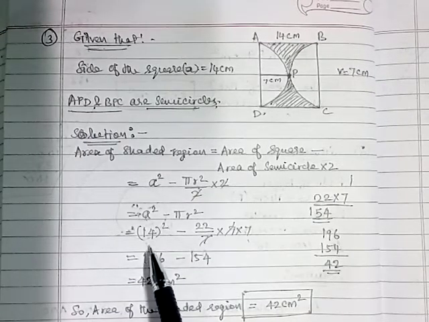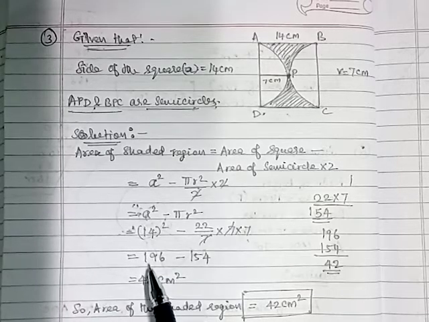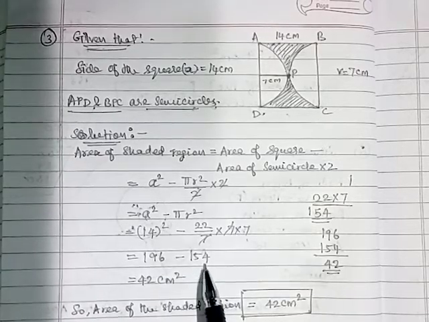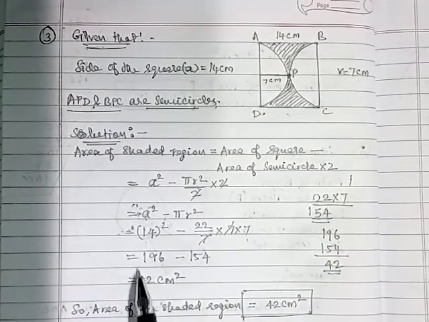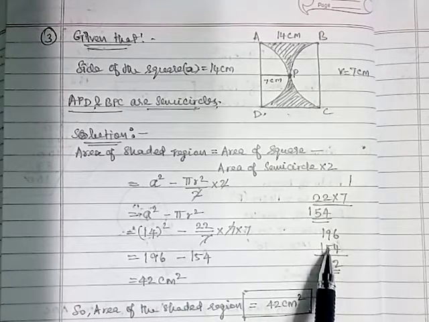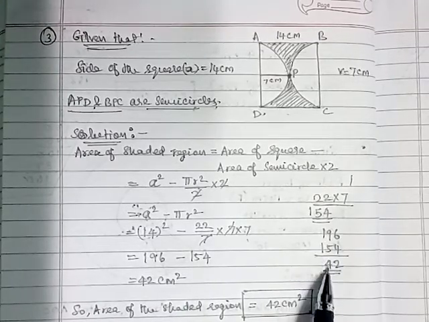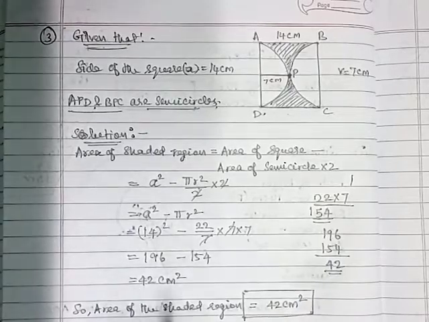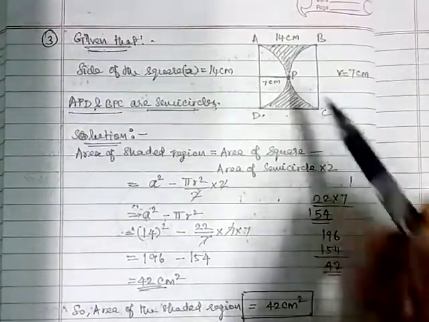Then 14 squared is, as already I told you, you should remember the square values of numbers up to 25. So 14 squared is 196 minus 154. 22 into 7 is 154. So 196 minus 154 is 6 minus 4 is 2, 9 minus 5 is 4. That is 42 centimeter squared is the area of the shaded region.